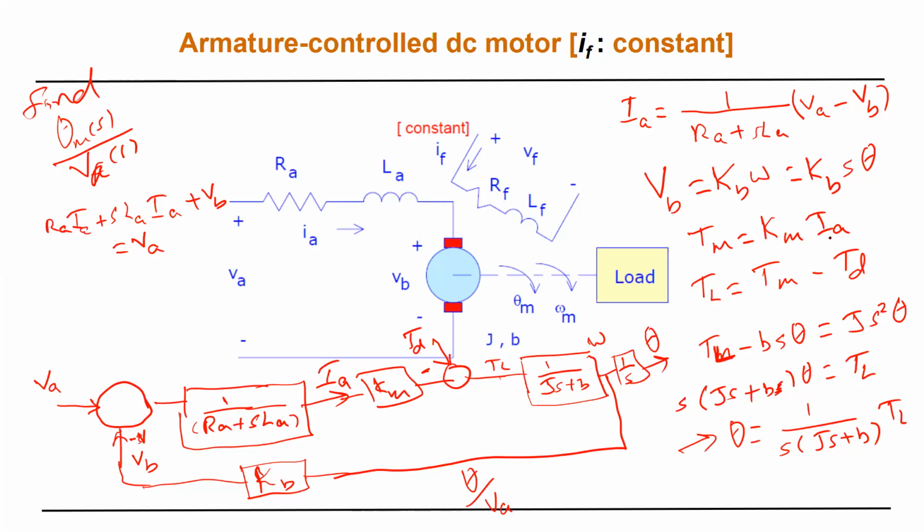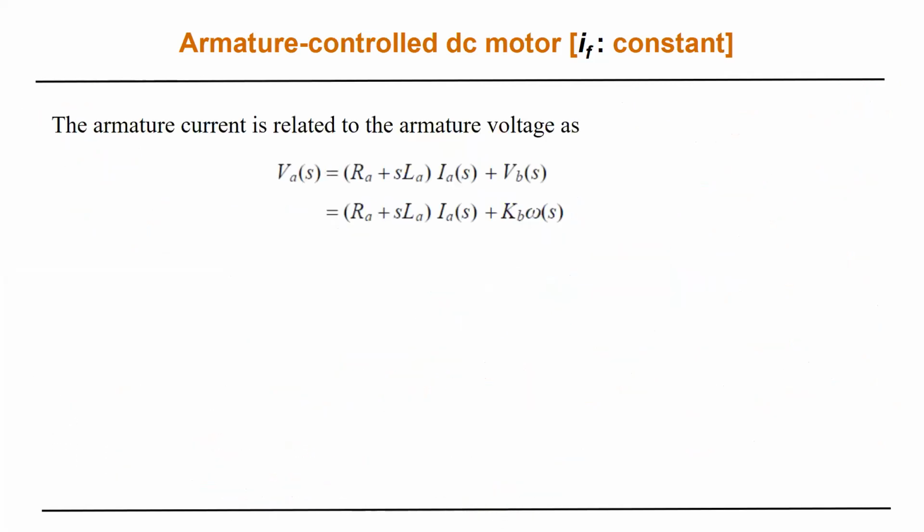But Tm equal Km times Ia. This equation is substituted here. And for VB, substitute KB S theta. So what I'm trying to say is it is a process of elimination.